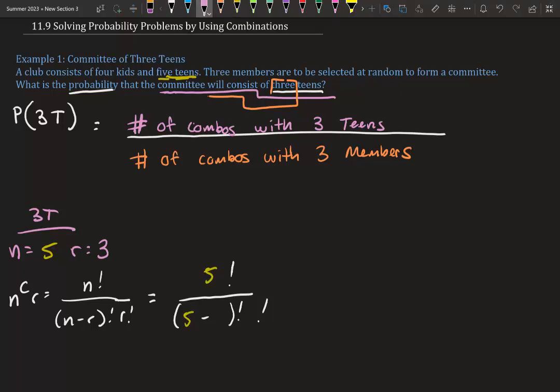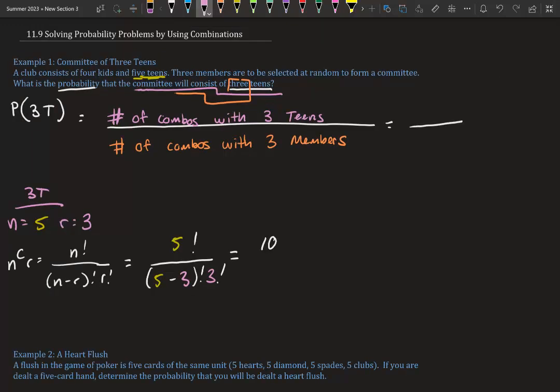Our next 2 blanks are r, which represent 3. And when you put that together, we get 10. So there are 10 ways you can mix and match 3 teenagers out of 5 teenagers.